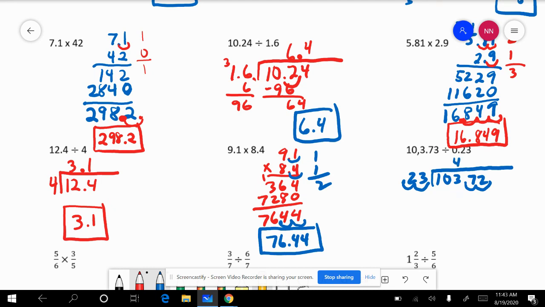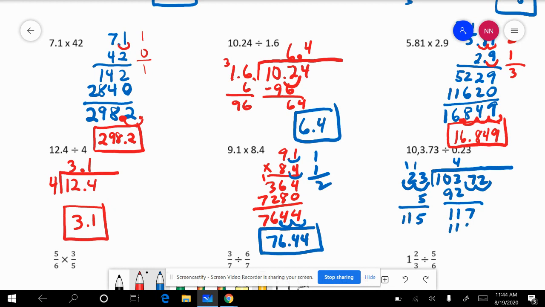So that would be 4. Multiply 23 by 4 gives me 12, 8, 9. So that would be 92. Then I'm going to subtract it. And that right there gives me 11. So now I have 117. So I'm going to multiply it by 5 and see if 5 works. 15, 10, 11.